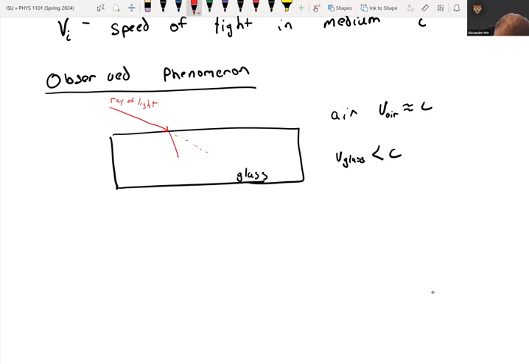You'd see the path of the light diverge from the straight line path. Then when it gets to the end, you'd see it diverge again and go back in the original direction, so it would be going parallel to it.